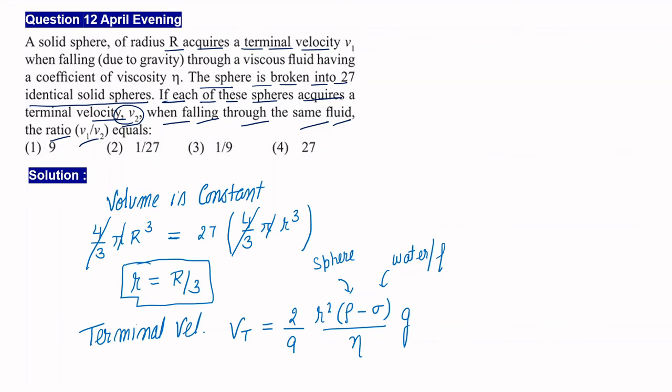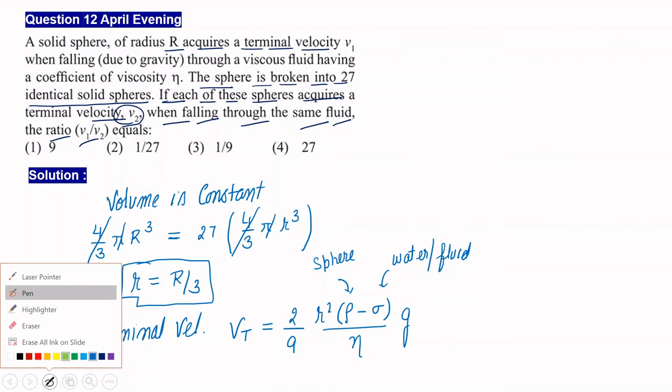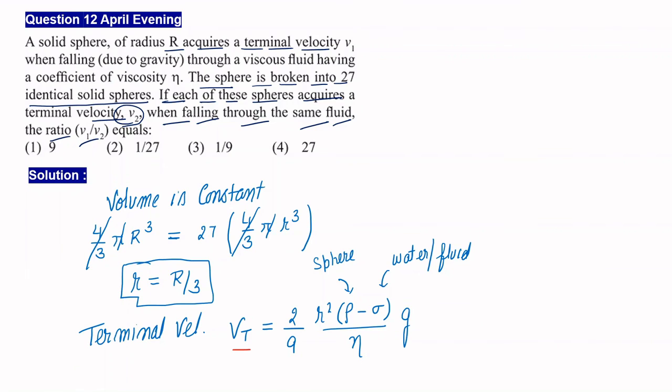Now, if you understand the question correctly, so Vt, this terminal velocity, is a function of r square, g, density of sphere and density of fluid.